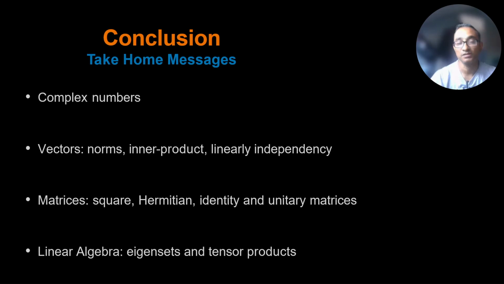And then you have to understand concepts of linear algebra like eigensets, or the tensor product, which is also called the Kronecker product. We have not used the word tensor product, but Kronecker products are called tensor products, which will help you to build complex systems from individual components.